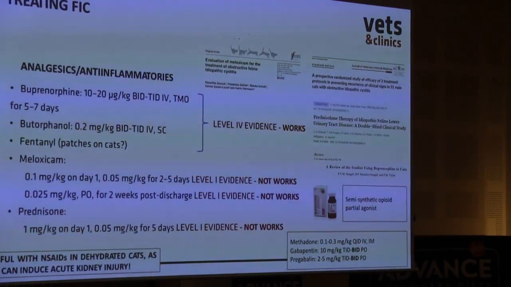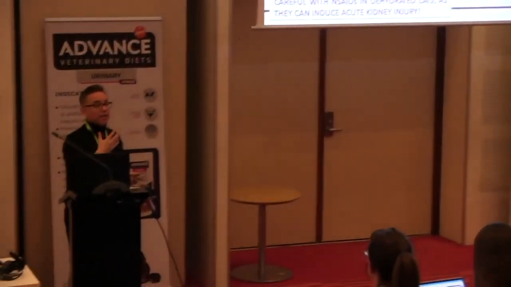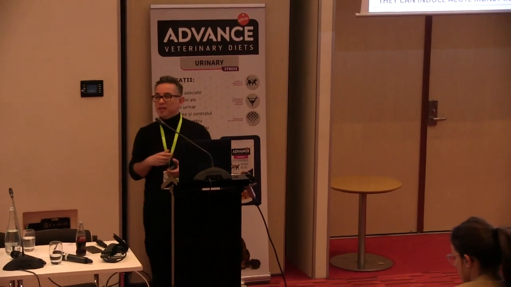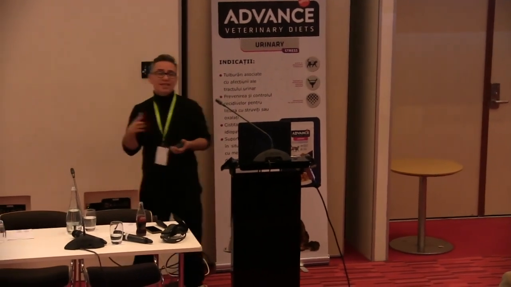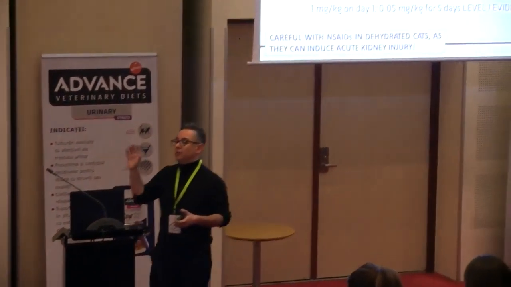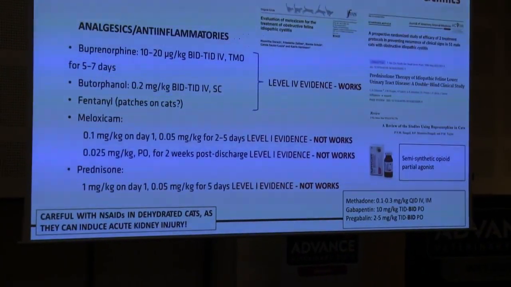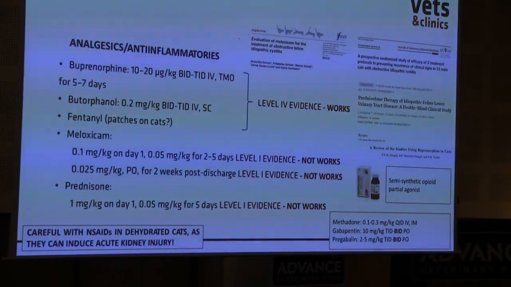Even if you inject the cat subcutaneous or intramuscular, it is less effective than transmucosal. Another analgesic you can use is butorphanol. I have no experience with it, and you have to remember that butorphanol mainly produces depression more than pain relief. And fentanyl, I have no experience with fentanyl in cats, and we have to remember that with the fentanyl patches, what happens is the cat eats the patch and gets a huge intoxication. So I don't recommend using fentanyl.